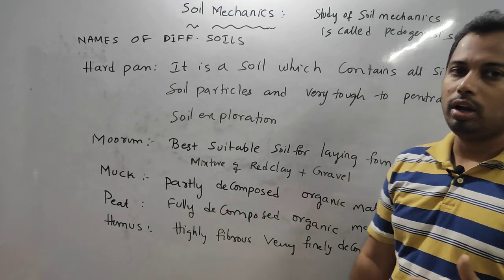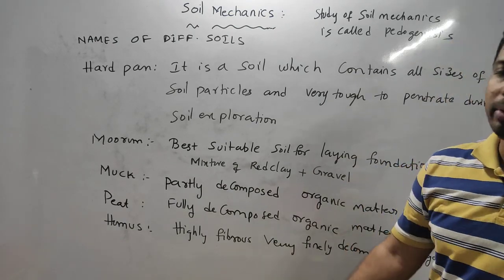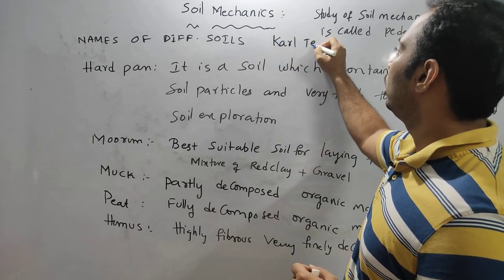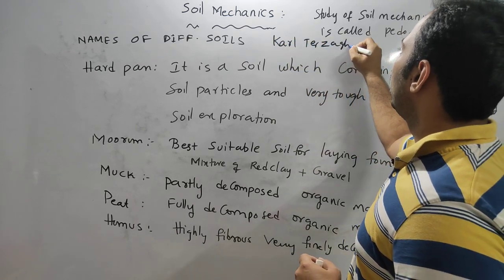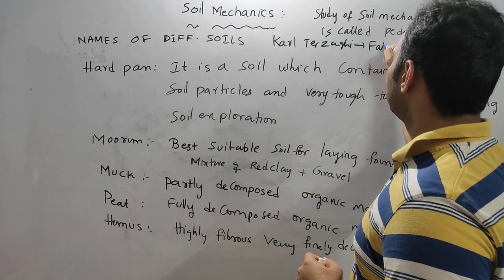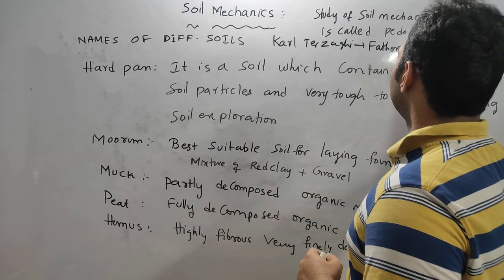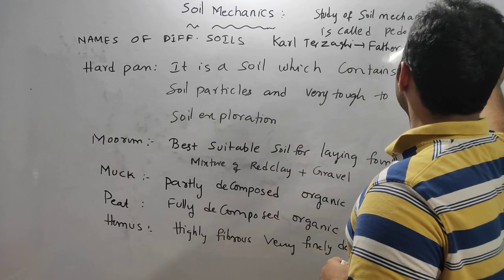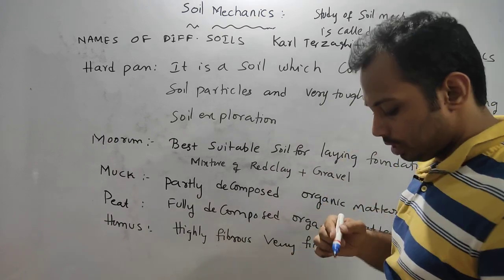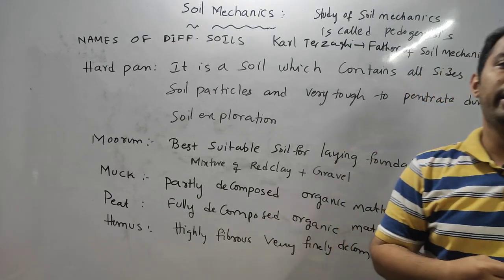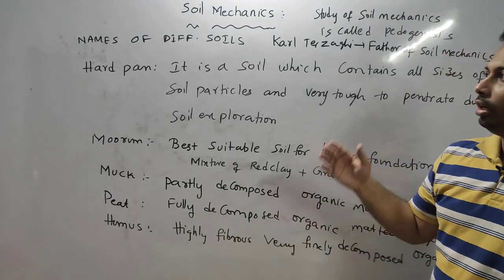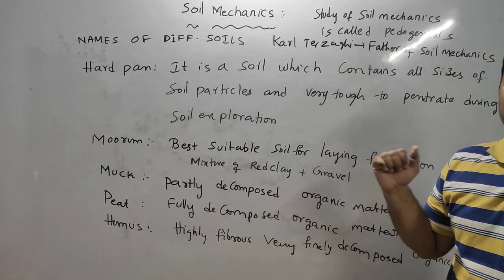So that is why we call him the father of soil mechanics. As he has suggested, this subject is needed for understanding the soil behavior clearly. So this is all about the first introduction part.